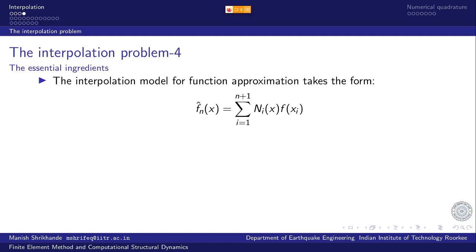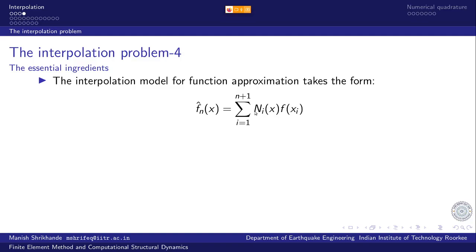So the interpolation model for a function takes the form of f hat, let's say this is f hat n. N is the distinction of nth degree polynomial, if it is polynomial that we are looking at. So summation of n plus 1 number of points defined by the function values at xi.